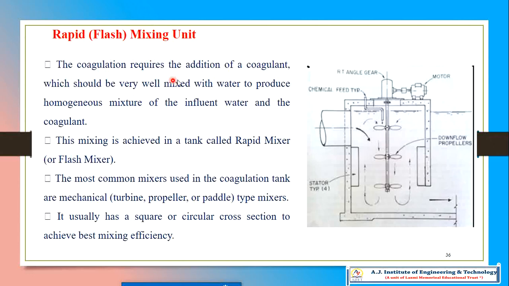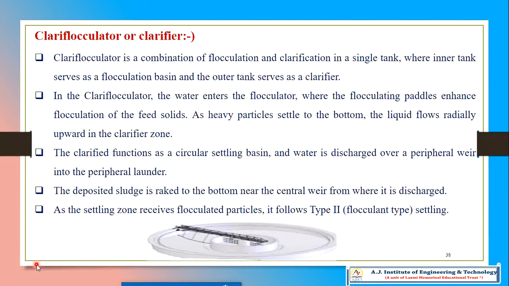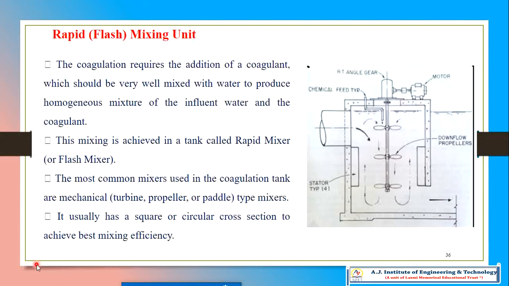Coagulation requires the addition of coagulant, which should be very well mixed with water to produce a homogeneous mixture. See here, the homogeneous mixture should be produced here. For this purpose, whatever coagulant dose you are adding should be homogeneously mixed with the influent water and the coagulant.